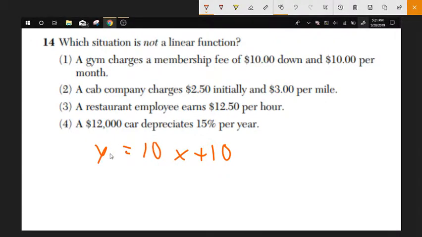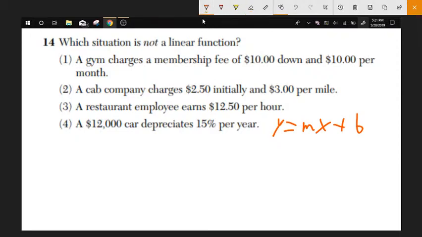And so that's y equals 10x plus 10. And that looks similar to our linear equation, which is y equals mx plus b. It follows the same format. There's y there, the m is 10, and then the x is there, and then the 10 is b. So this first one is a linear equation.